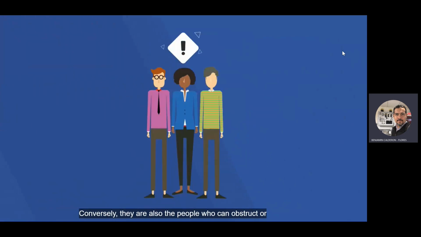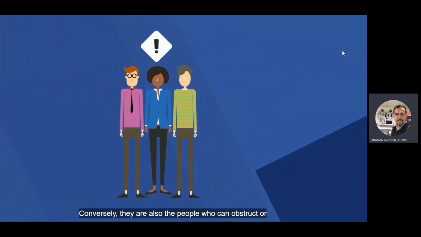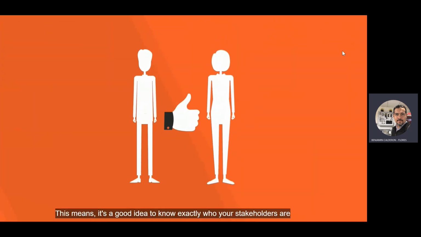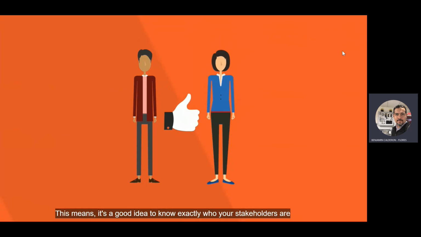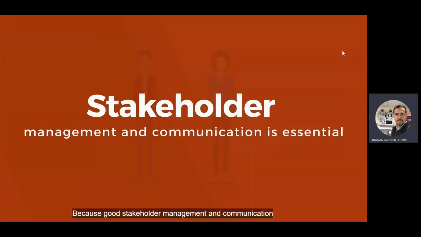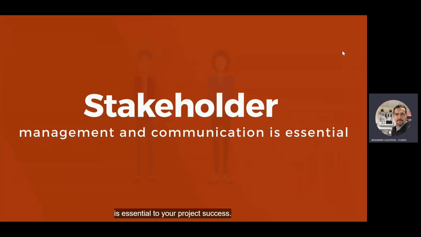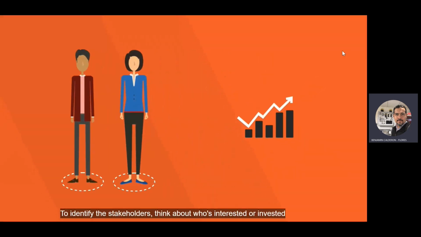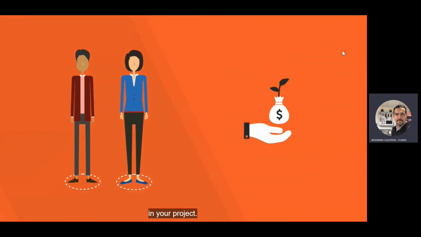Conversely, they are also the people who can obstruct or slow down your project's success if they're not on board. This means it's a good idea to know exactly who your stakeholders are right from the start, because good stakeholder management and communication is essential to your project's success. To identify the stakeholders, think about who's interested or invested in your project.